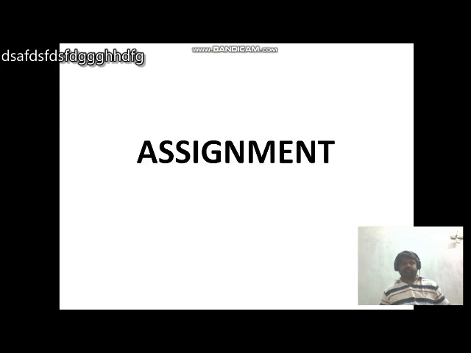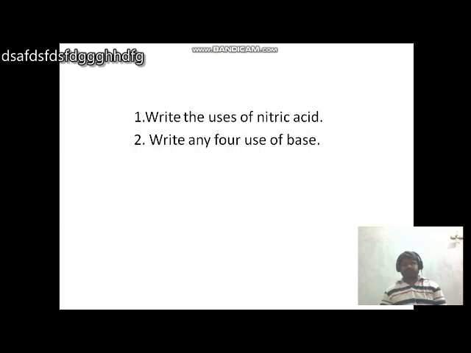So finally, the uses of acids and bases are completed, and the assignment is: write the uses of nitric acid and write any four uses of bases.